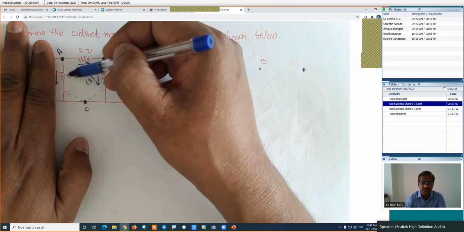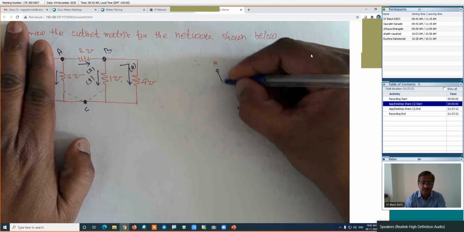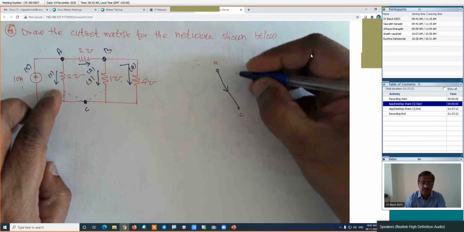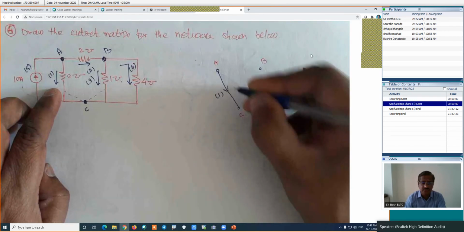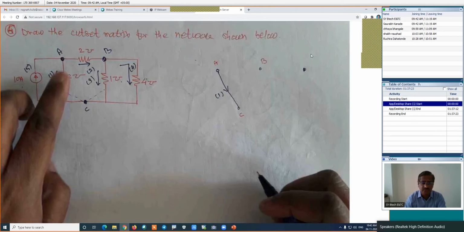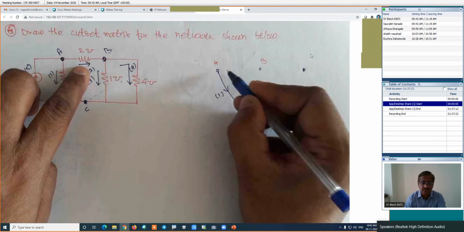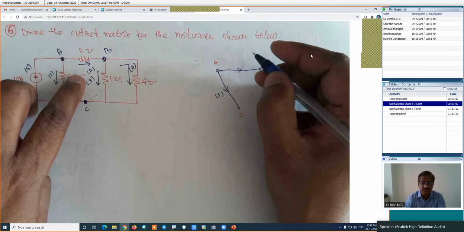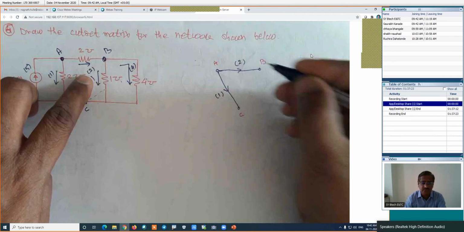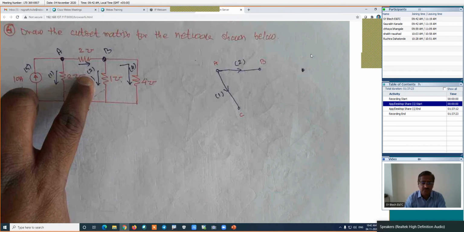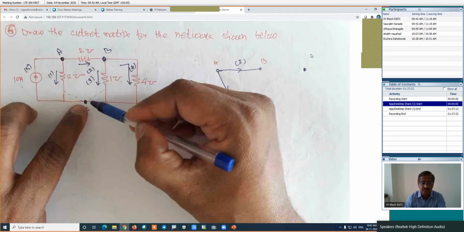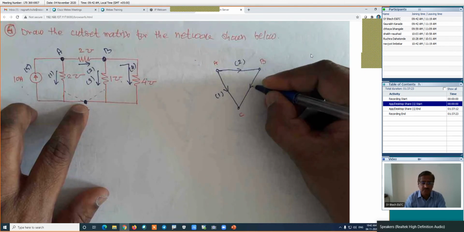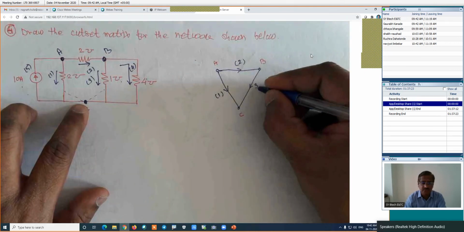Between A and C we have one element, that's why this is one branch. Its direction is downward. This is branch number 1. Between A and B we have another element, and its value is 2 ohm. I will consider it as lateral, and this is branch number 2. Between B and C we have another element, maybe multiple elements. Its direction is downward. This is branch number 3.